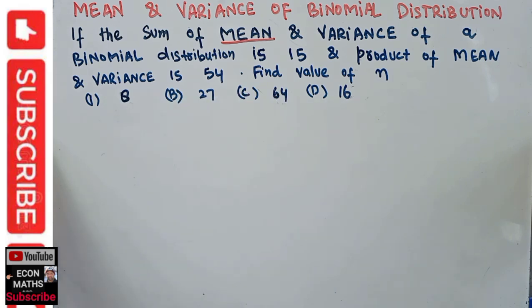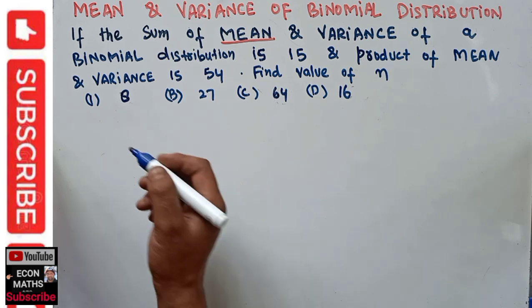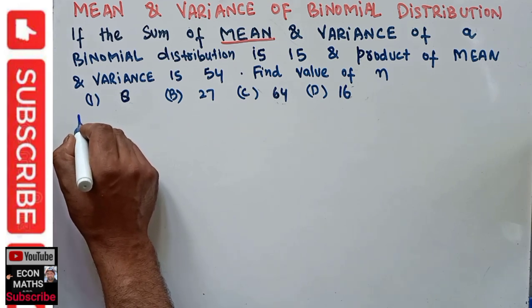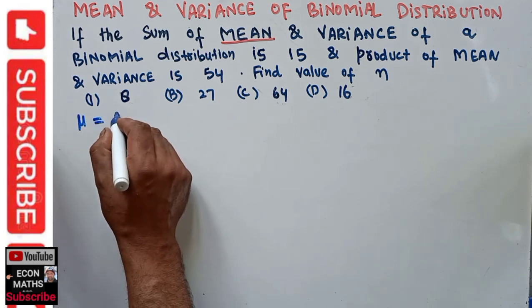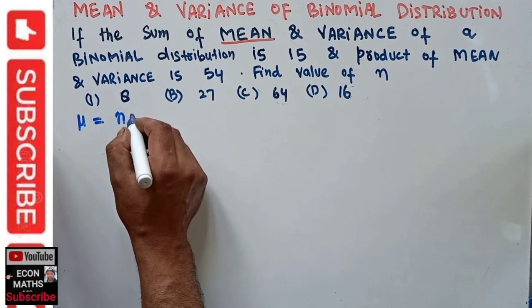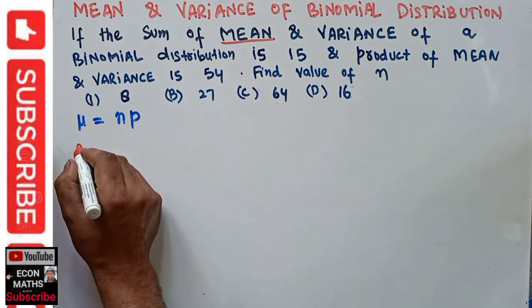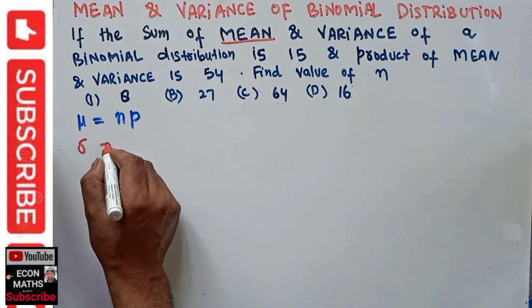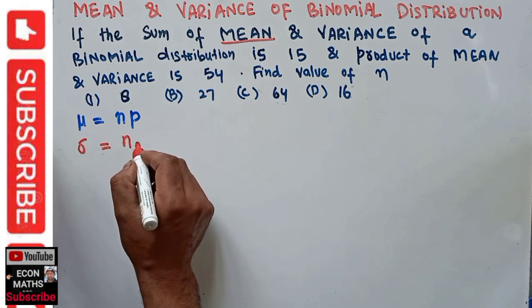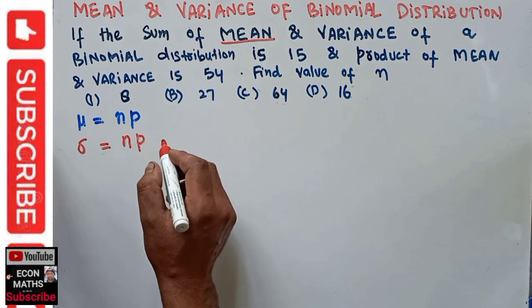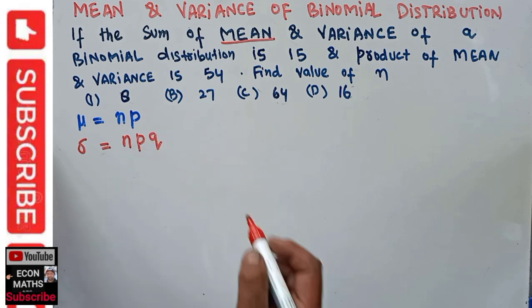So in the binomial distribution, what is the mean? The mean of a binomial distribution is given by n, the number of trials, times p, the probability of success. Let's denote the variance by sigma squared, and the variance is given by n times p, the probability of success, times q, the probability of failure.